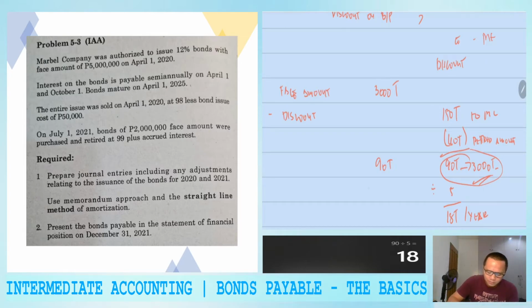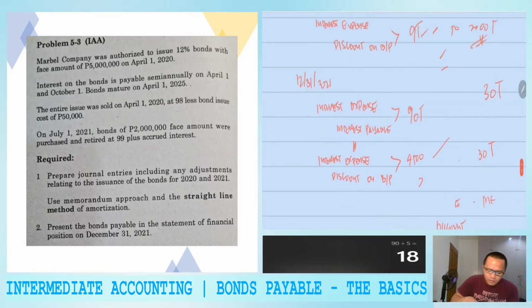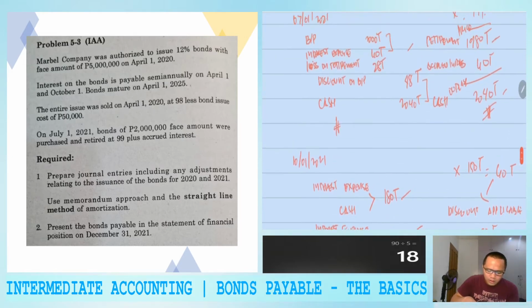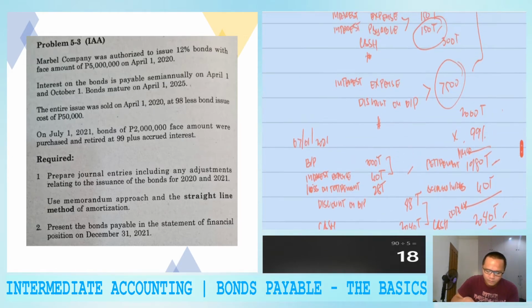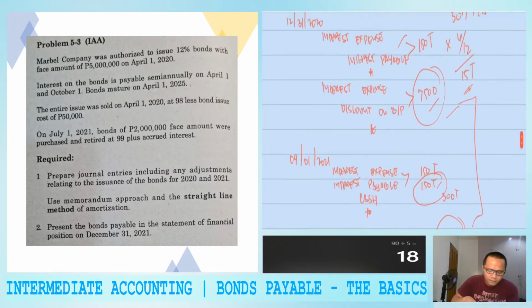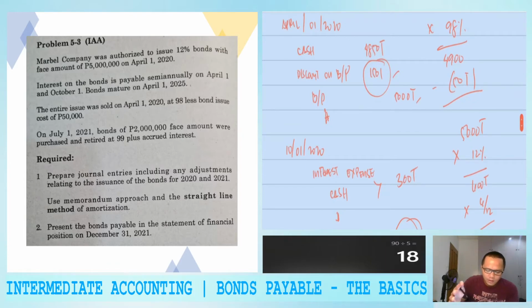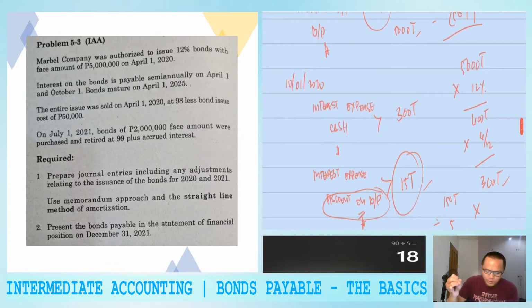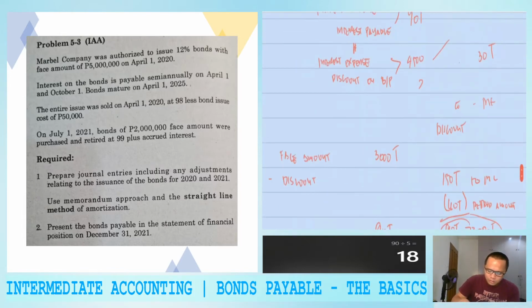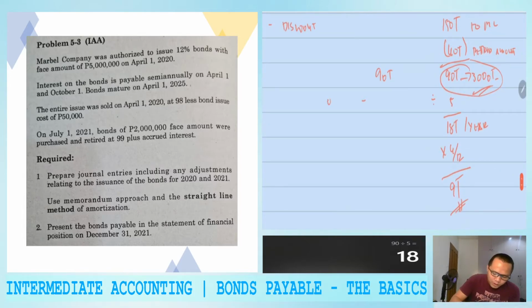And we already have amortized it on October, di ba? Which is ito, 15,000. But again, on the applicable amortization on October 1, that is 15,000.